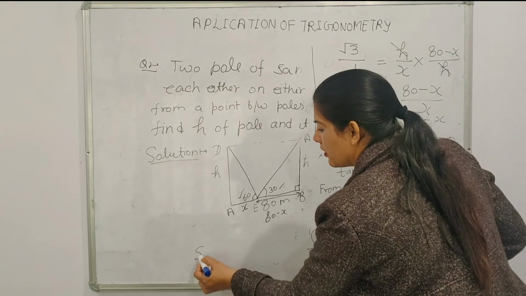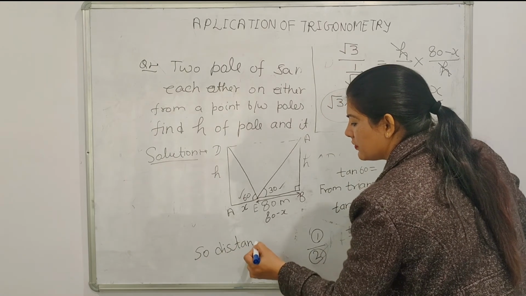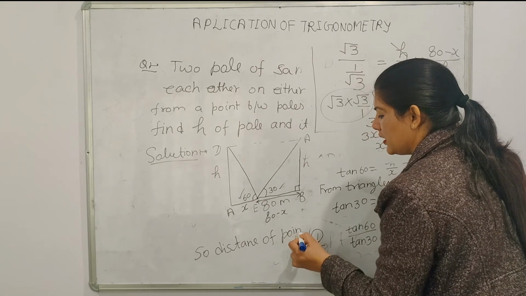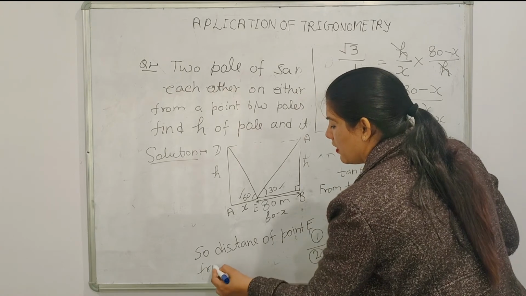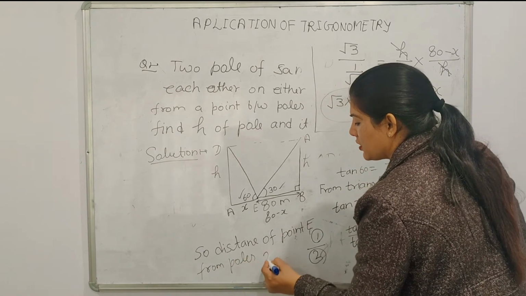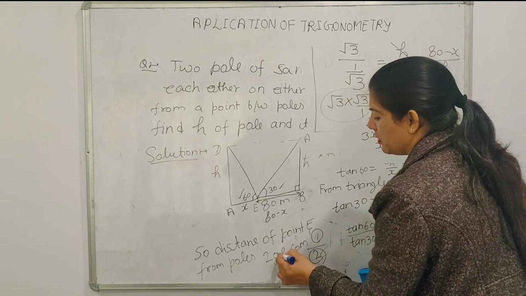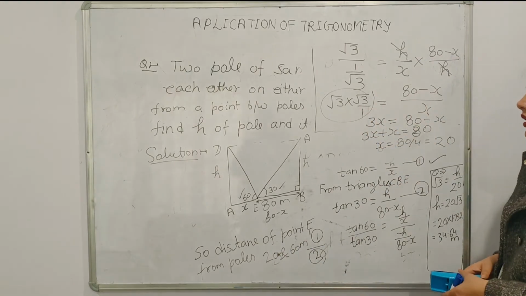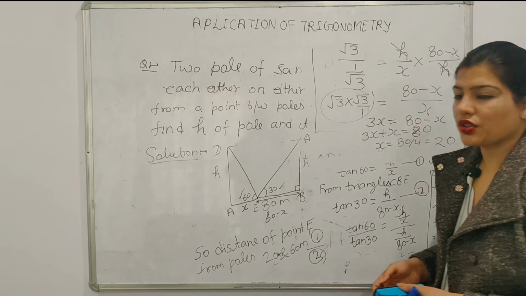So the distance of point E from both the poles is 20 and 60 respectively. 20 and 60 what? Meter respectively. Okay. So after this question, let's discuss another question also.